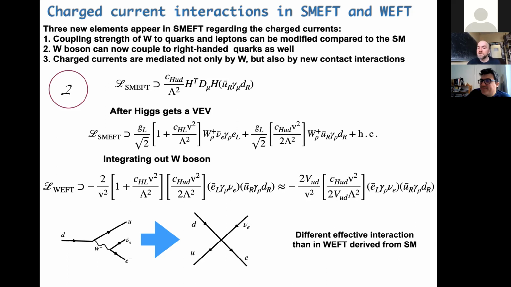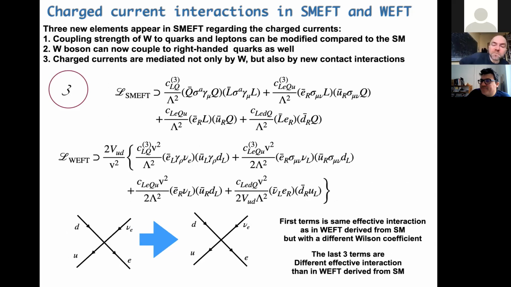But in principle, you should include in your phenomenological analysis also this possibility that there is an interaction that concerns the right-handed quarks. So that's another possibility that comes from the SMEFT and leads to a new kind of interaction in the low energy effective theory, in the WEFT.